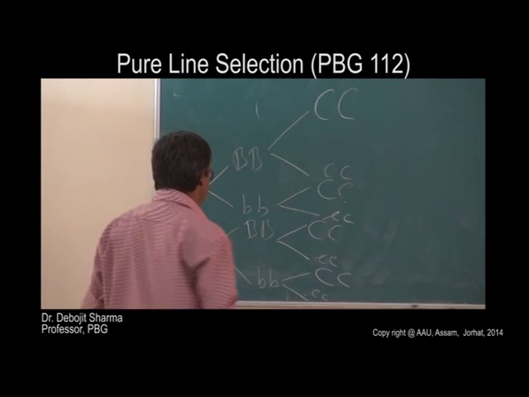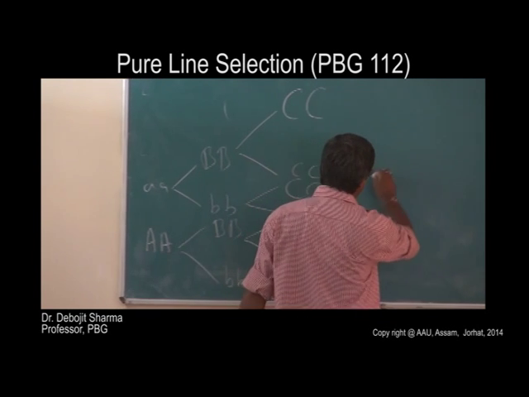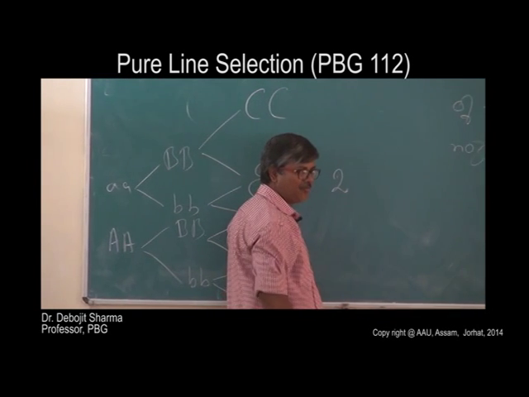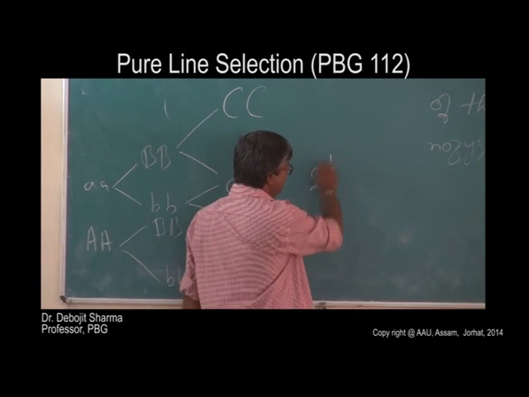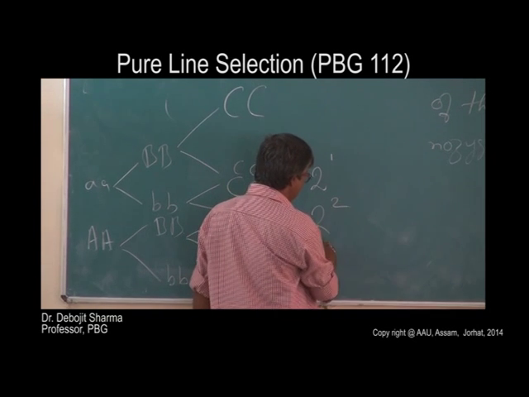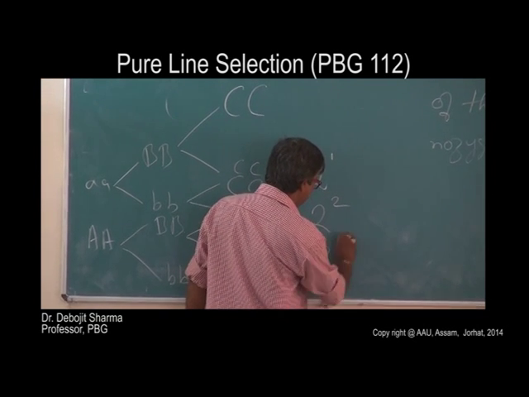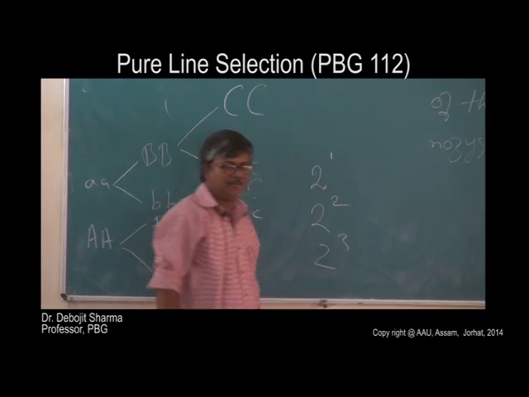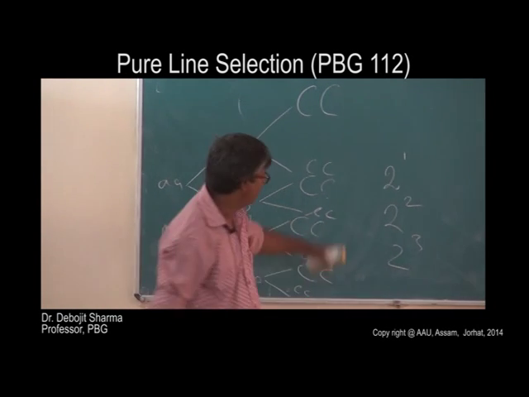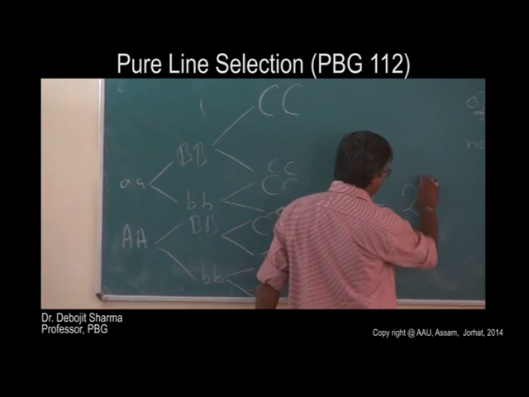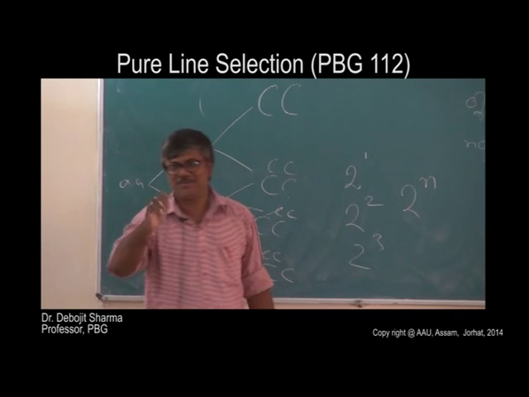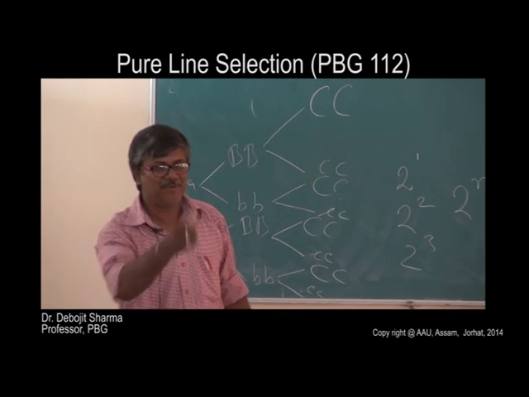Then what is the generalized formula? If there is 1 gene, if there are 2 genes, if there are 3 genes, that means 2 to the power n. I gave you this table.